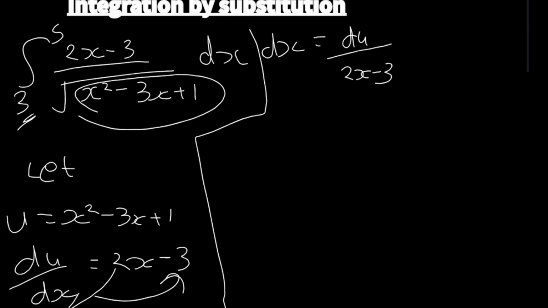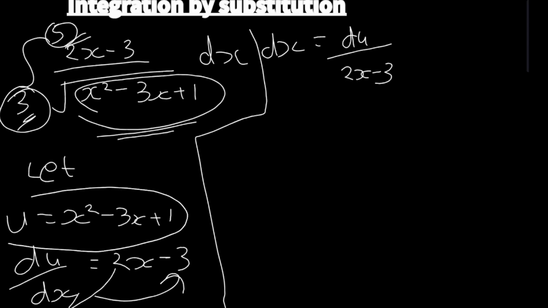Now, before we substitute everything into our original function, we have to make 3 and 5 compatible with the u world, because this 3 and 5 is for the x. When we use u, we also have to make 3 and 5 compatible.